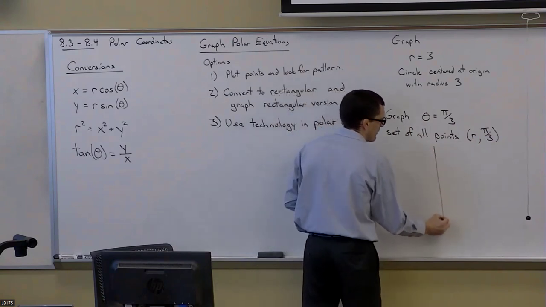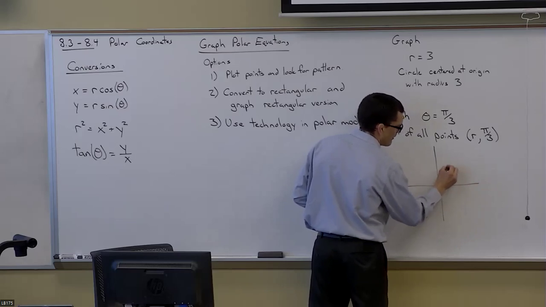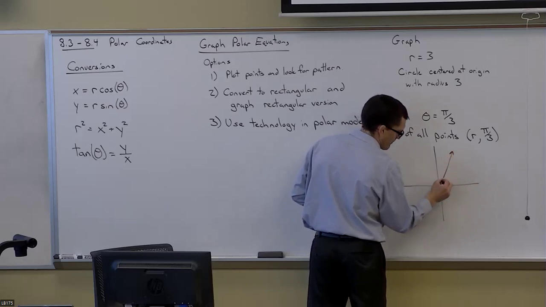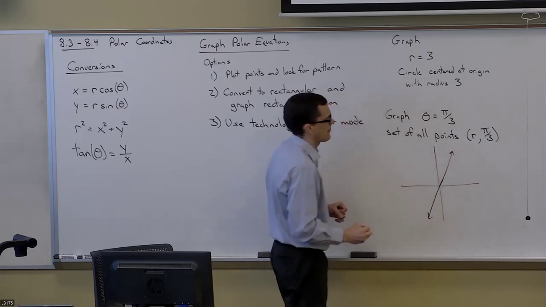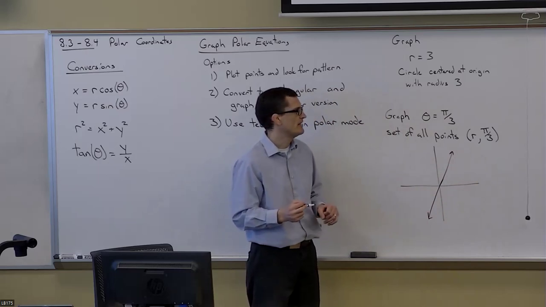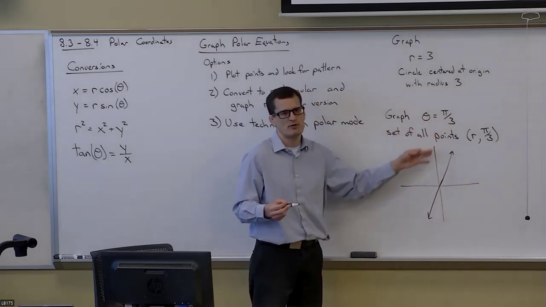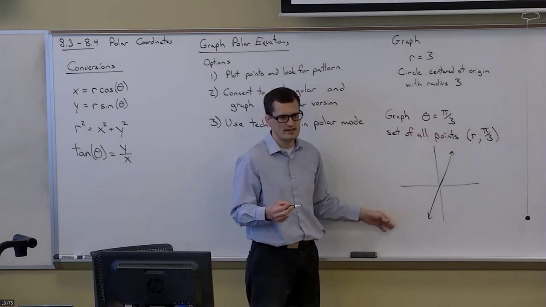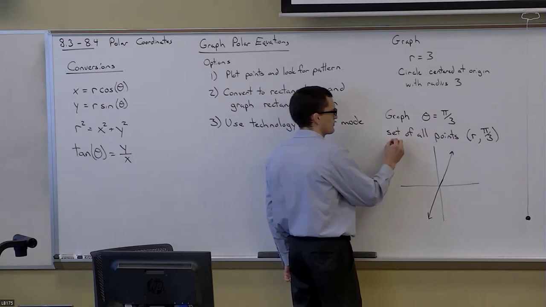If you think about what that is, that's a line through the origin at angle pi over 3. And technically, when you do something like this, you have to allow both positive r's and negative r's. So you get a line through the origin.